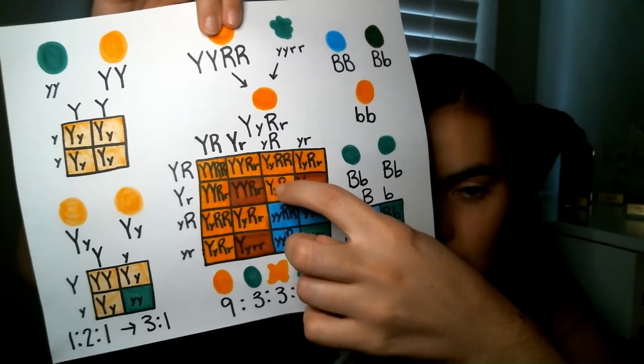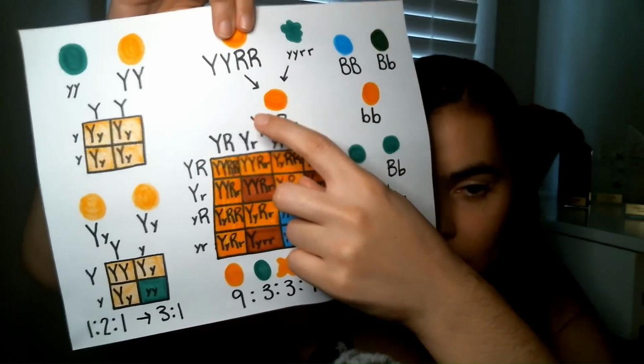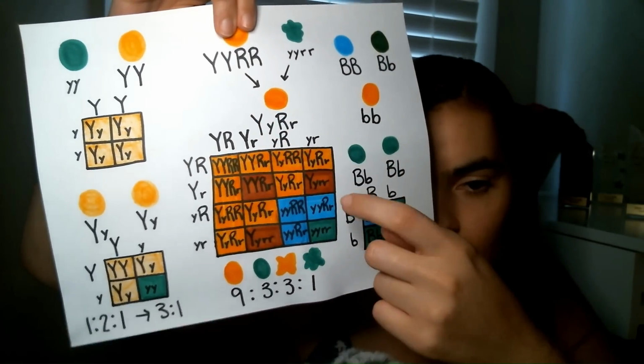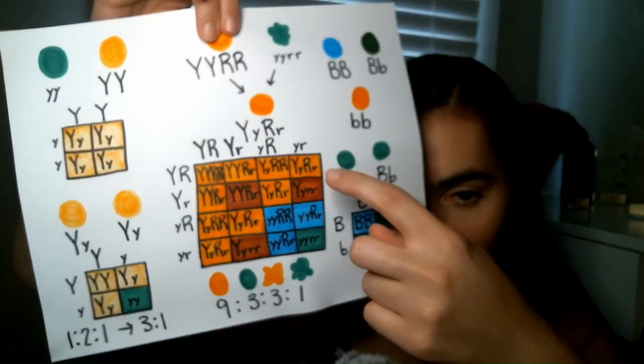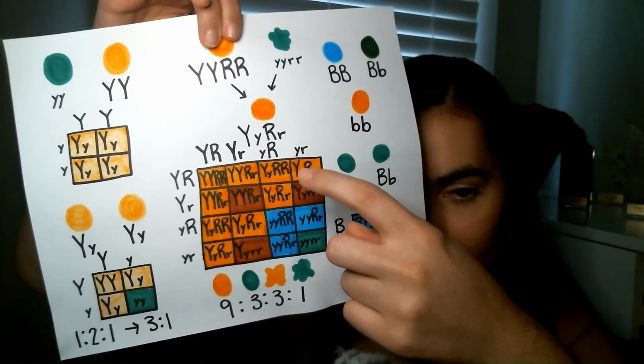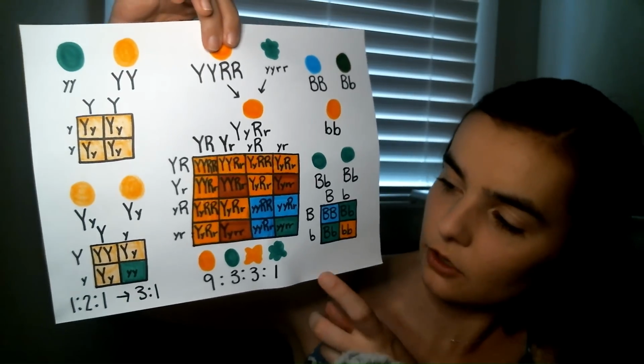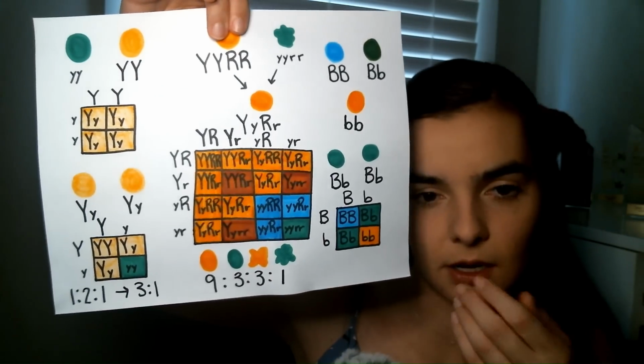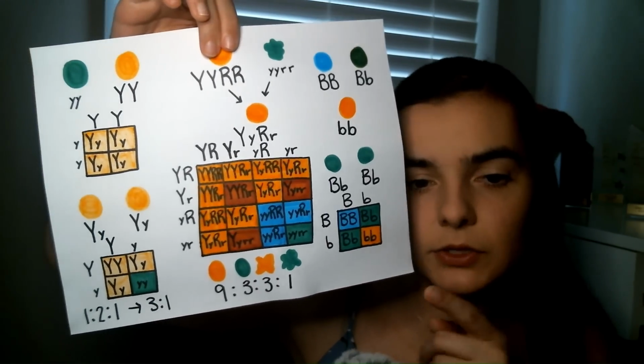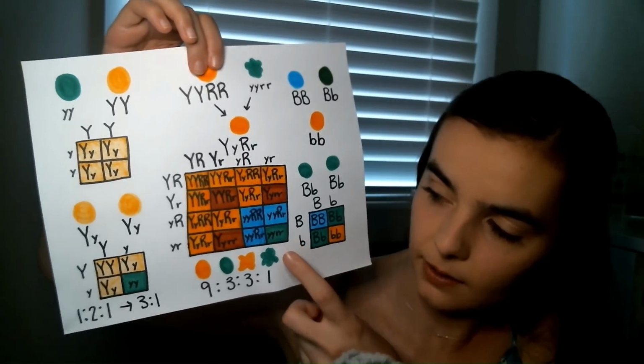So you would have 9 individuals that are yellow and round. They have different genotypes, but as long as they have one big R and one big Y, they're yellow and round. And then you get 1 that is green and wrinkled because they got all recessive alleles.